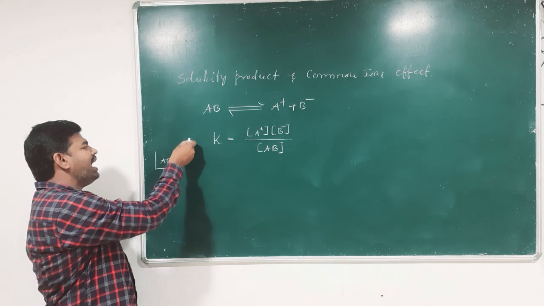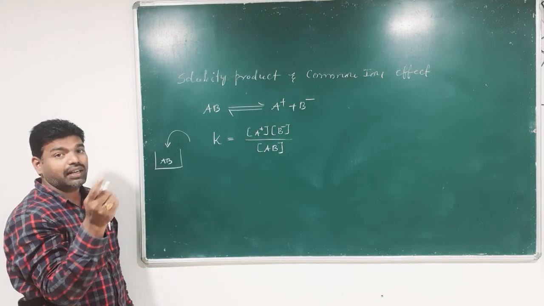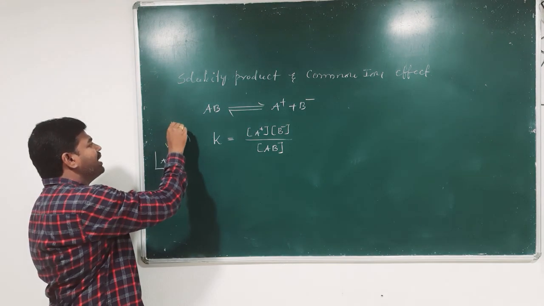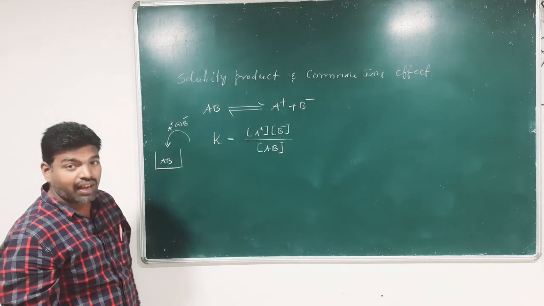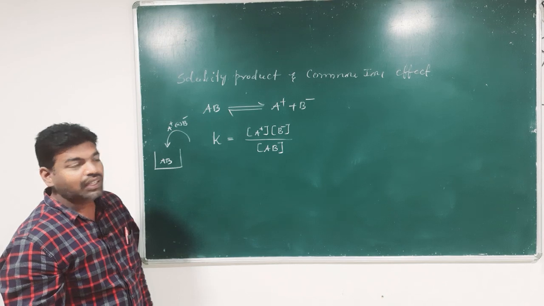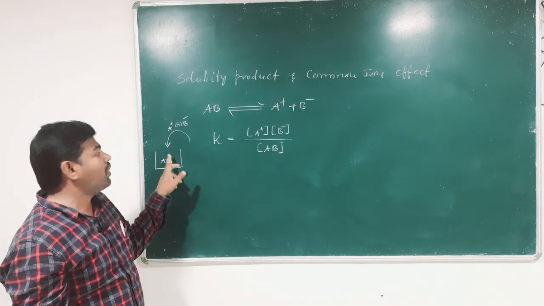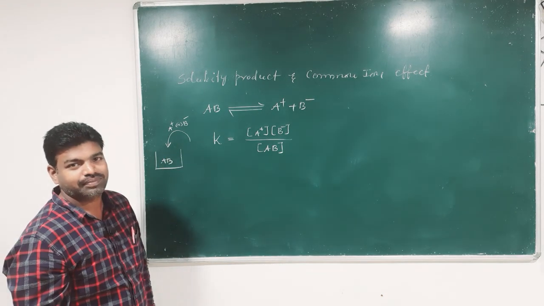Now, when we add another electrolyte furnishing A plus or B minus ions to this solution, that results in an increase in the concentration of either A plus ions or B minus ions.